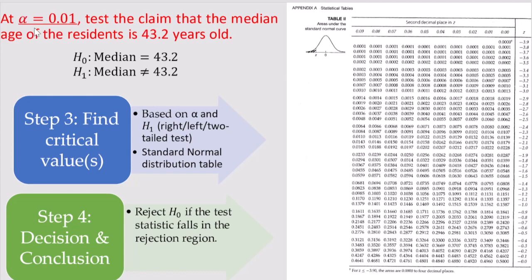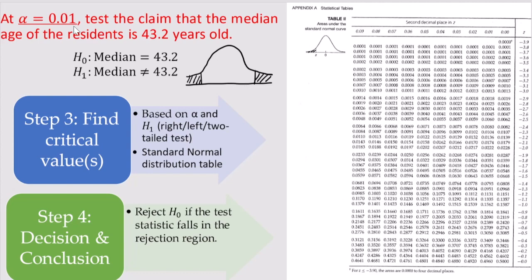So our alpha is 0.01. To find the critical value, we would be using our normal distribution table, which is based on alpha and the alternative. Because the alternative hypothesis contains the unequal sign, we would have a two-tailed test. So this is similar to the hypothesis test that we have conducted for our parametric test.